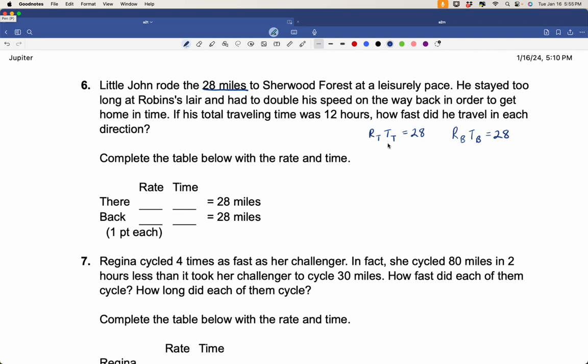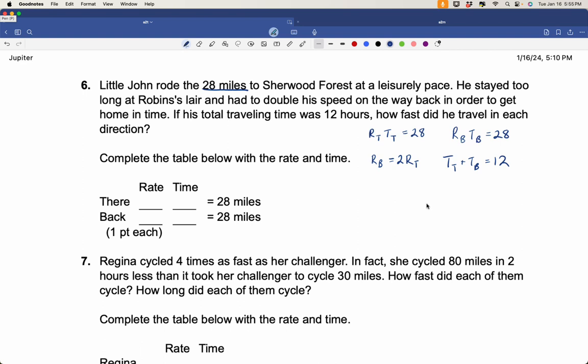His total traveling time, oh wait, I'm ahead of myself. He had to double his speed on the way back. So that means his rate on the way back is equal to 2 times his rate there. His time there plus his time back is equal to 12. Okay. So we can do this.